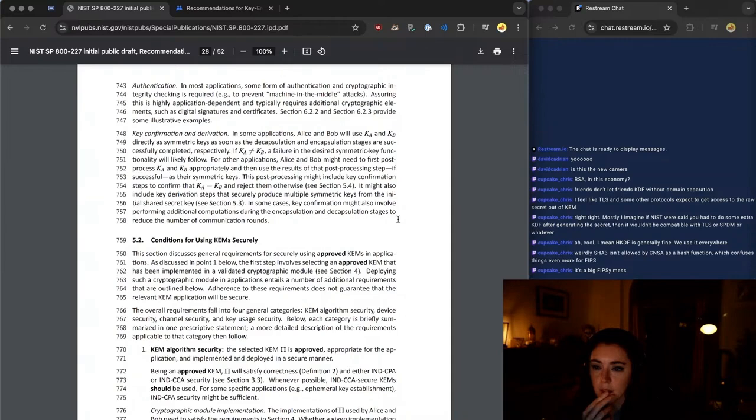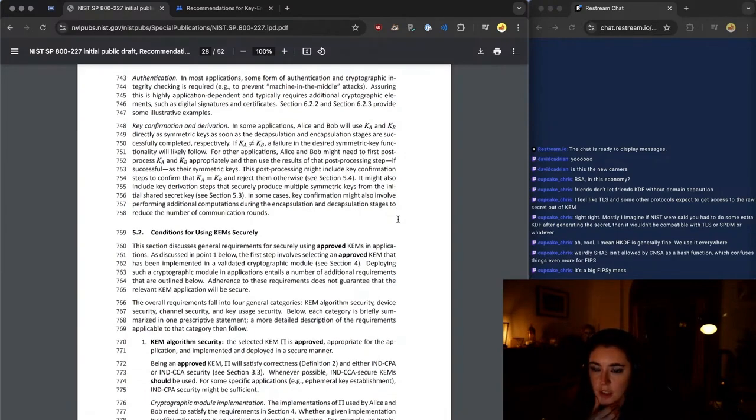Authentication, some check is required. Okay, confirmation derivation. Some applications use the shared secret directly as symmetric keys. Yeah, and they designed FIPS 203 ML-KEM explicitly to allow this, even though it's kind of bad protocol practice. Friends don't let friends KDF without domain separation.